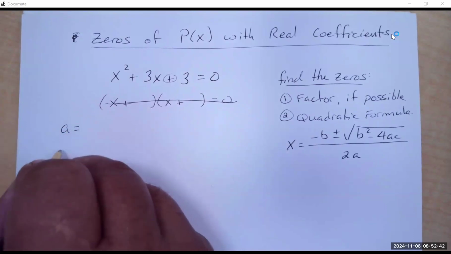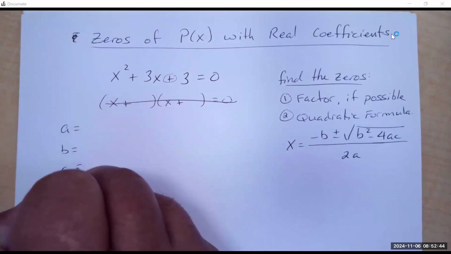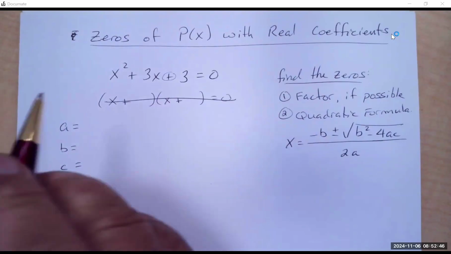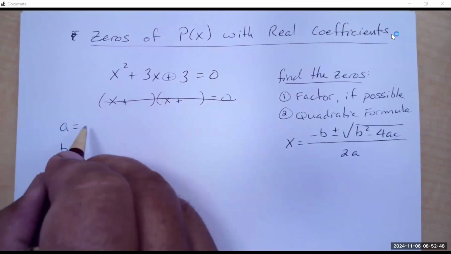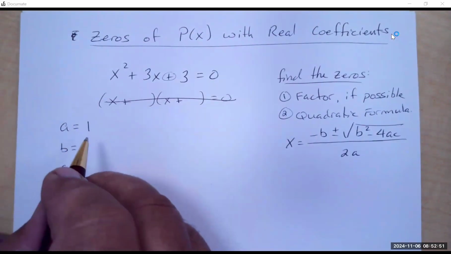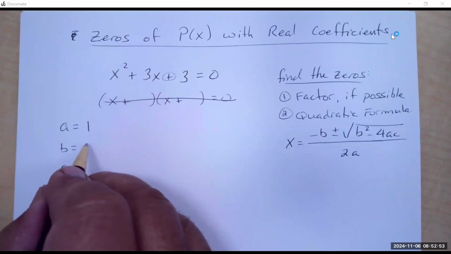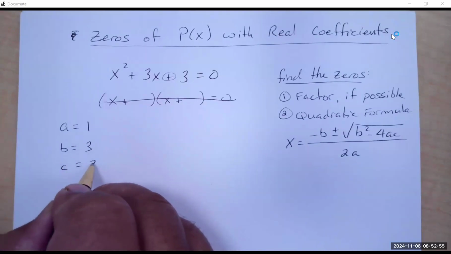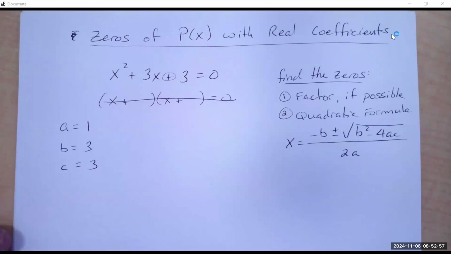So we have to label a, b, and c first. What is a? A is 1, b is 3, c is 3. a, b, and c are numbers. You cannot have, in this part, any more letters. The only letter is out here.